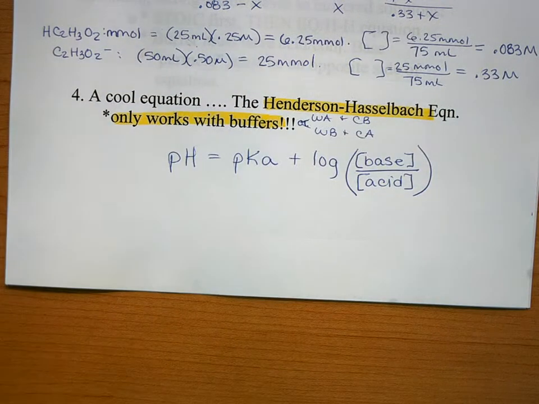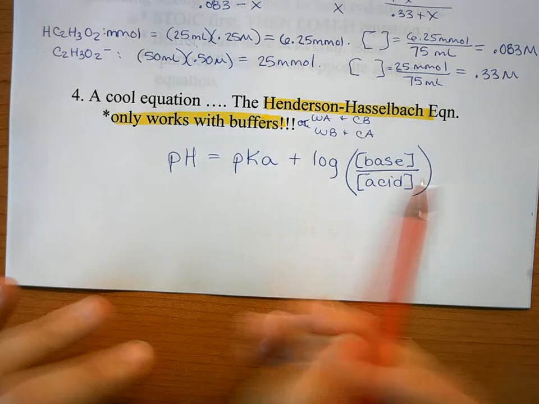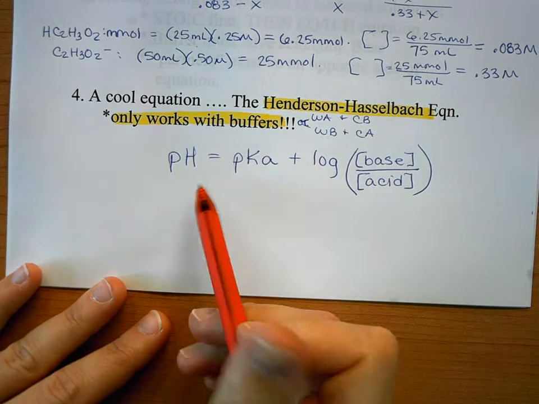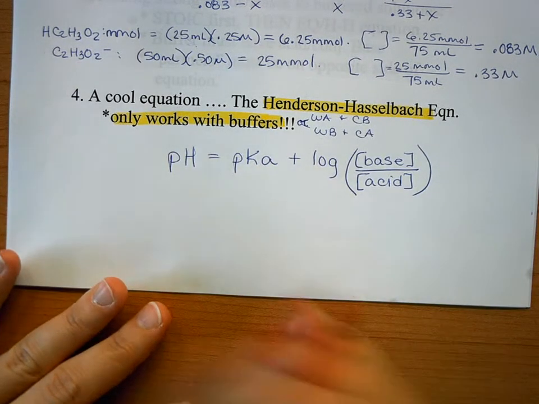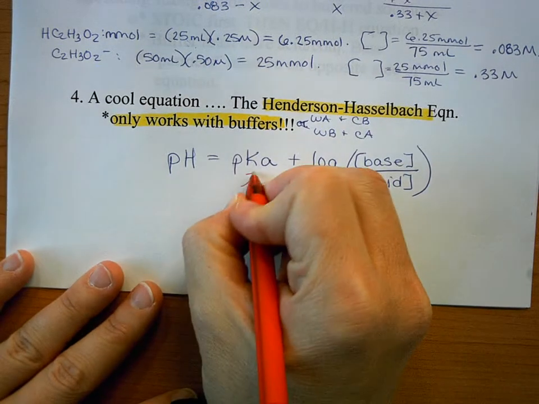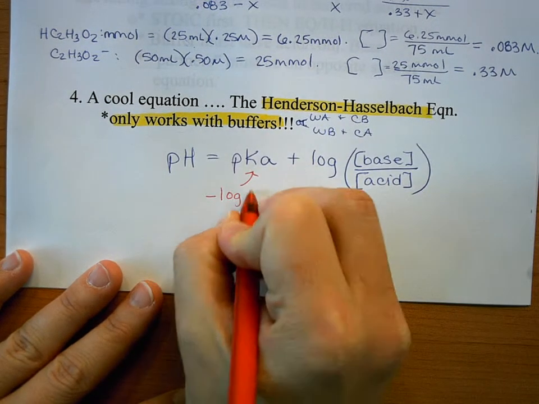Now, what in the world does pKa mean? Well, we know that pH is the negative log of the hydrogen ion concentration. So pKa is just the negative log of Ka.